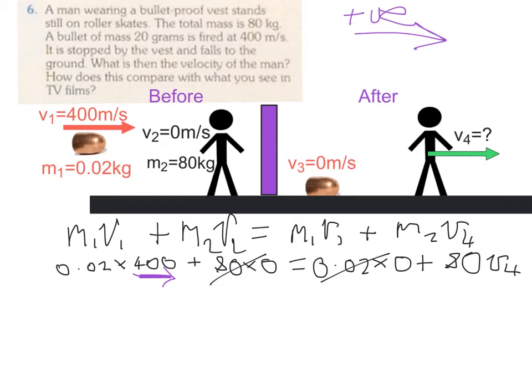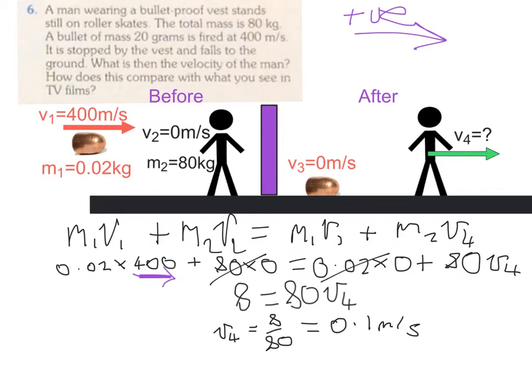So 0.02 times 400 gives us 8 on this side, and that's equal to 80 v4. So v4 is going to be 8 over 80. And 8 over 80 is 0.1 of a meter per second, and it's a positive 0.1 meter per second, so the guy is moving to the right because that's the direction we took to be positive.